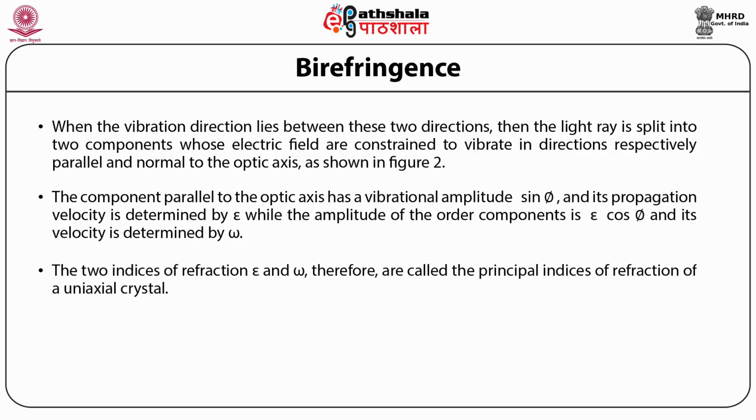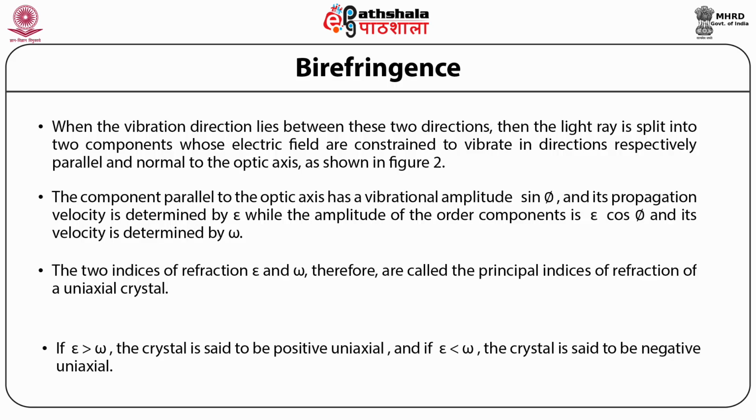The two indices of refraction, epsilon and omega, therefore are called the principal indices of refraction of a uniaxial crystal. If epsilon is greater than omega, the crystal is said to be positive uniaxial, and if epsilon is less than omega, the crystal is said to be negative uniaxial.